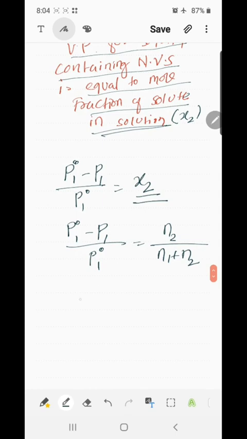Okay, but class, we study colligative properties only for dilute solutions. Colligative properties give proper experimental and calculated results only if the solution is dilute.